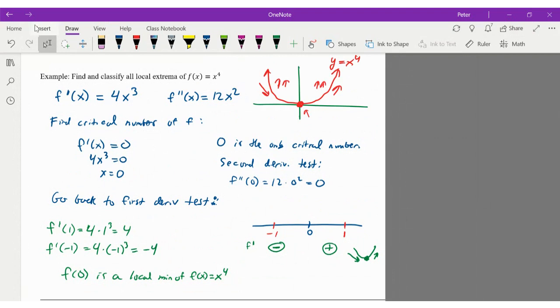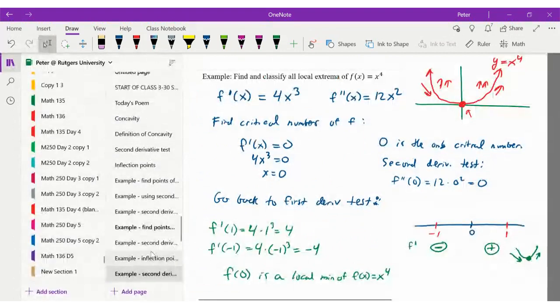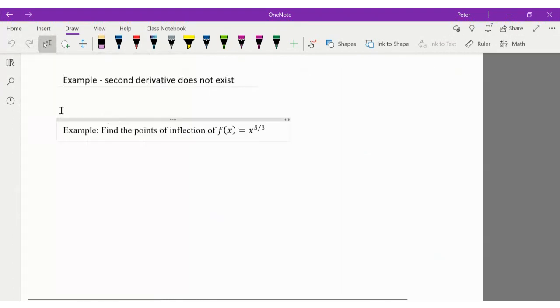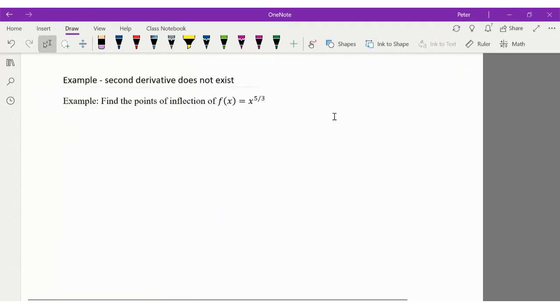Let me give you another example, another weird case that exists. Let's find the points of inflection of y equals x to the 5/3. So f of x equals x to the 5/3.